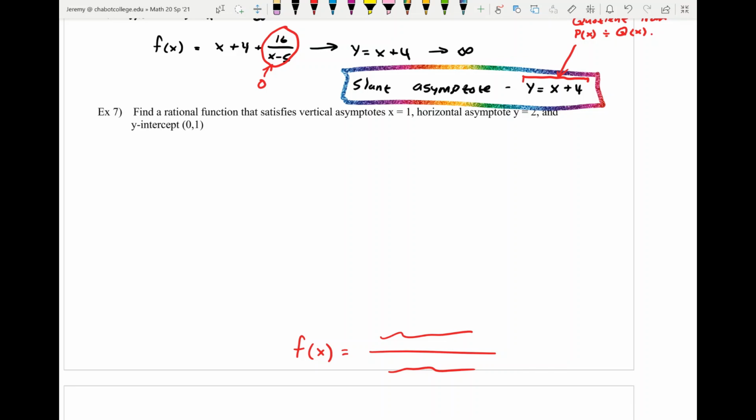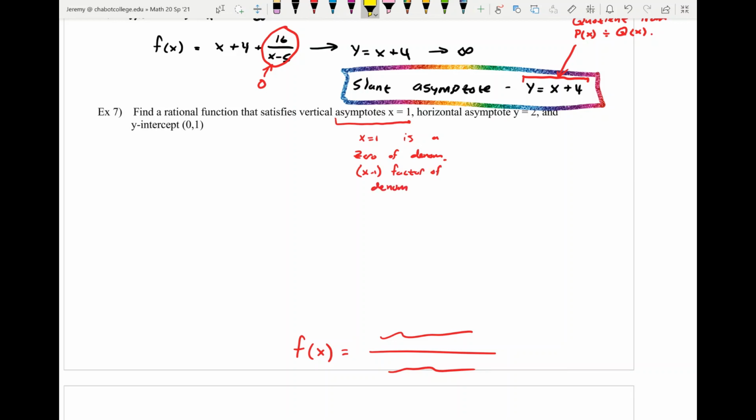So let's do that. Vertical asymptote at x equals 1. What this means is that x equals 1 is a zero of the denominator. That means that x minus 1 is a factor of the denominator.